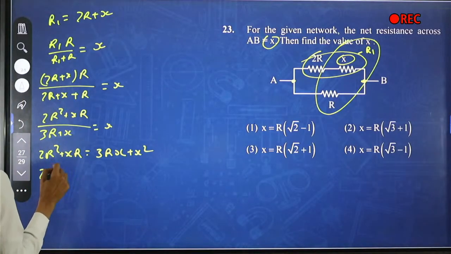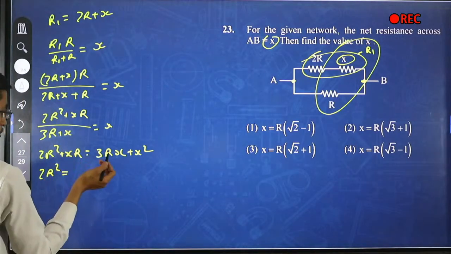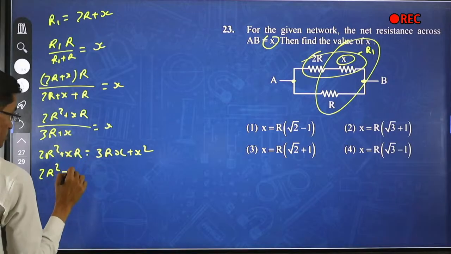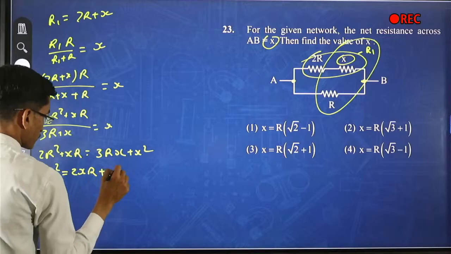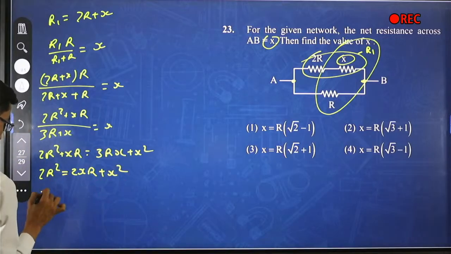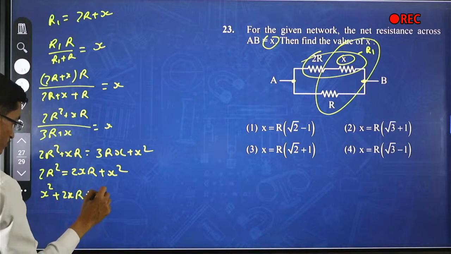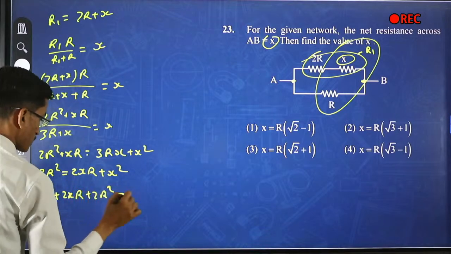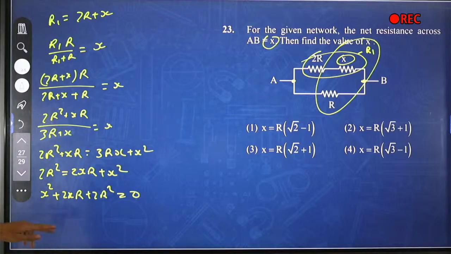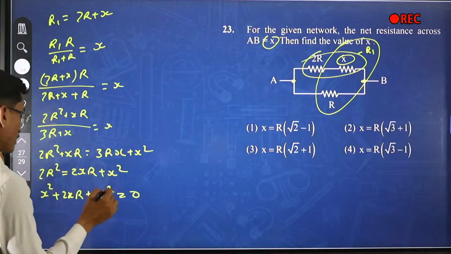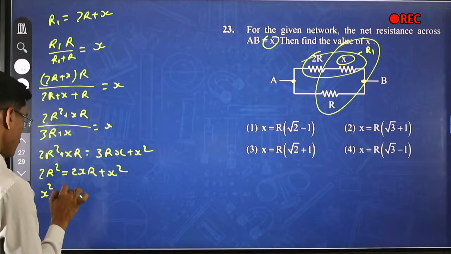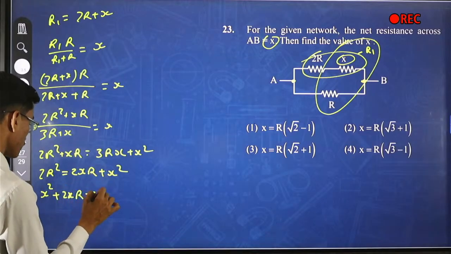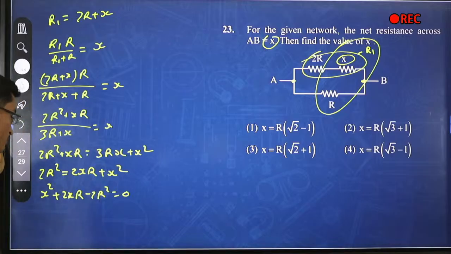Okay, 2R square is equal to 3RX minus XR, so 2XR plus X square. So we can write this as X square plus 2XR minus 2R square is equal to 0. Sorry, 2R square will become negative after going to the right side.